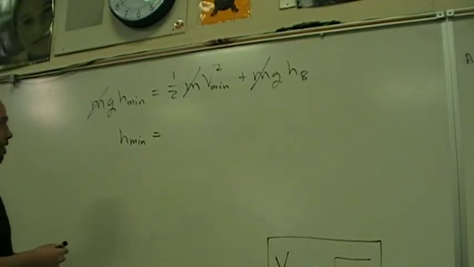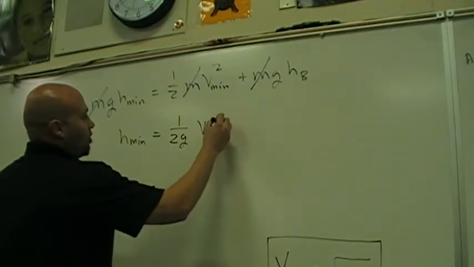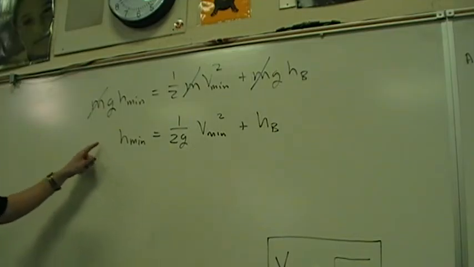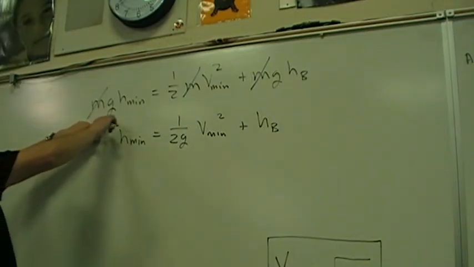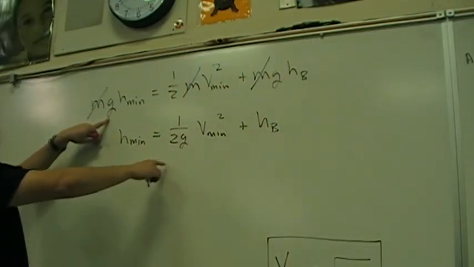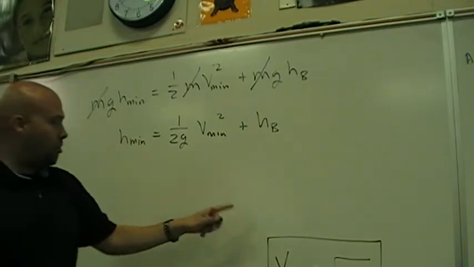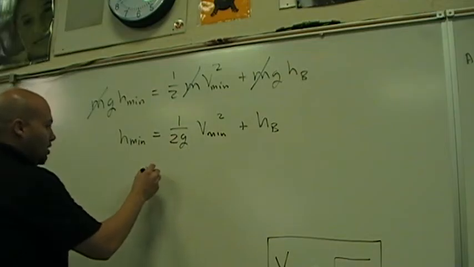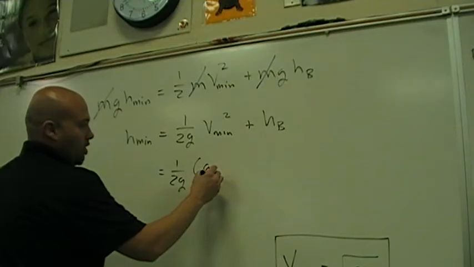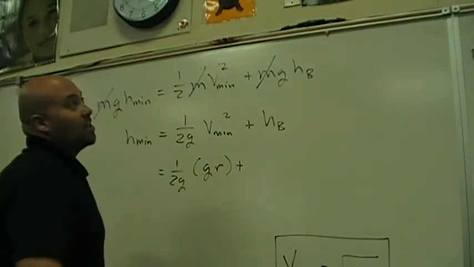So 1/2 G V min squared plus H B. I divide both sides by G. This G cancels out. This G joins the 2 on the bottom. So this V min is this guy here. So that's 1/2 G. We square this. We're going to get G times R plus H B is what?